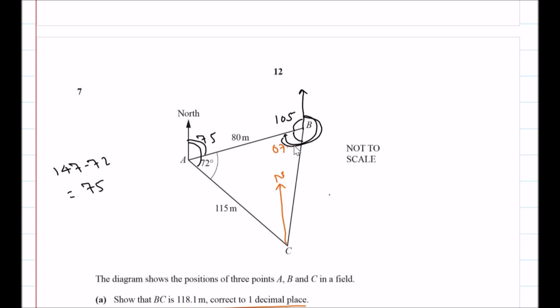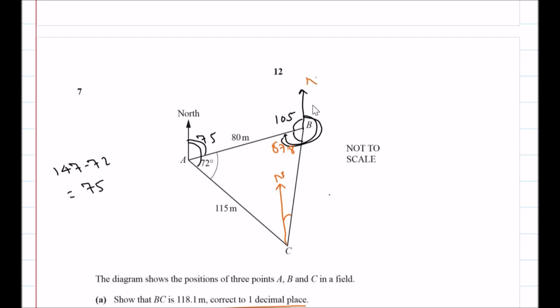This angle we have already got, 67.8, right? So we can find this angle. How? Let us see. This is 105 and 67.8.